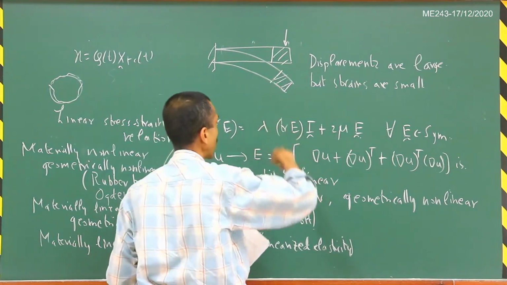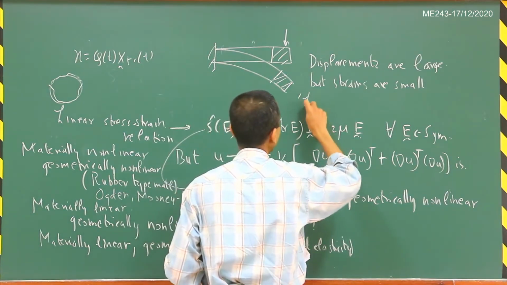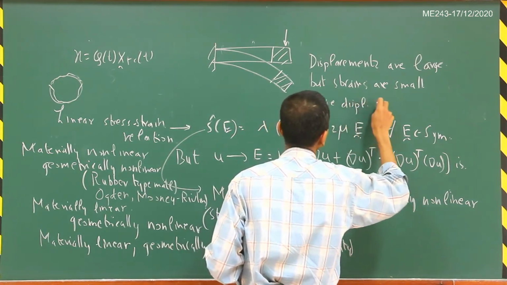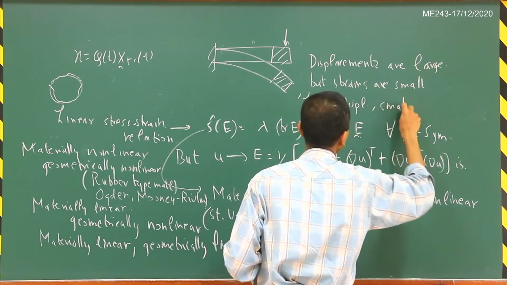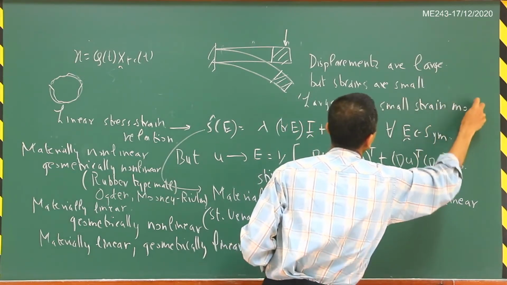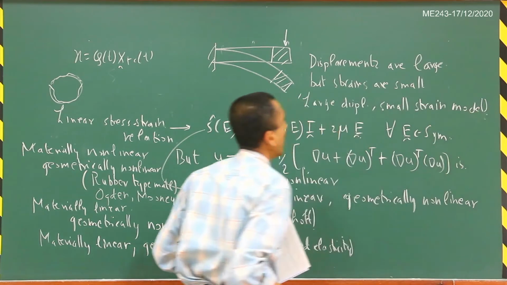So this Saint Venant-Kirchhoff material model is also known as a large displacement, small strain model. For that reason, it is known as this one here.